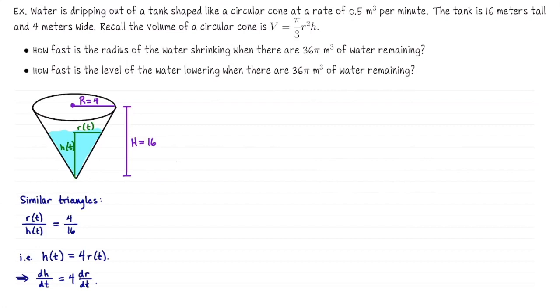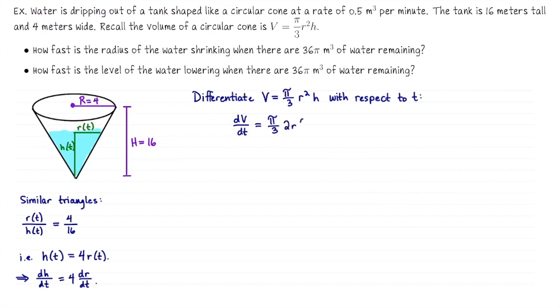Okay, now let's go ahead and differentiate our volume formula with respect to time. Here, volume, radius, and height all depend on time. Pi over 3, of course, is a constant. So we'll have dV/dt equals pi thirds, and then to differentiate r squared h with respect to time, we're going to use the product rule.